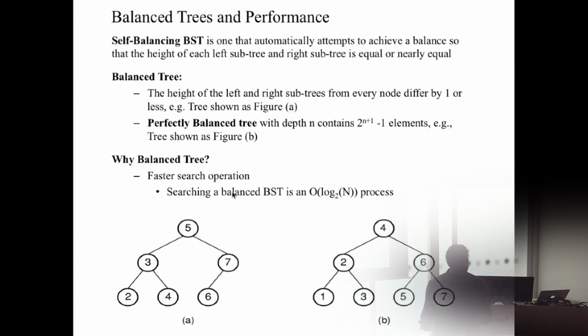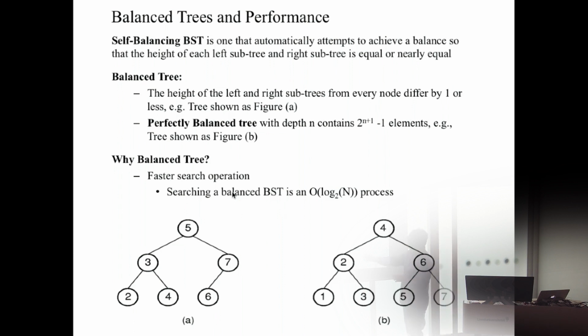The perfectly balanced tree is one where you have no real difference between the left and right subtrees. Another formulation is that a perfectly balanced tree with depth n contains 2^(n+1) minus 1 elements.